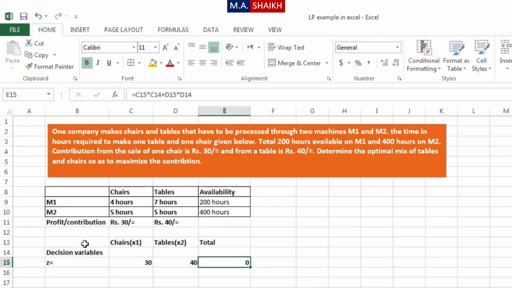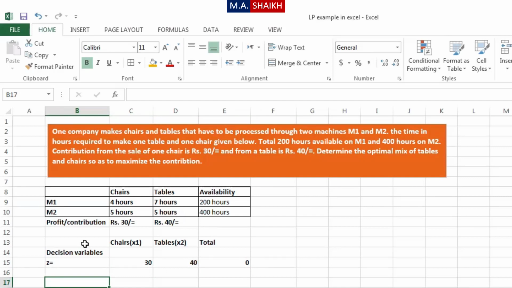This is our objective function: 30x1 plus 40x2. This is 30 multiplied by x1 plus 40 multiplied by x2, because we have to get the results here.